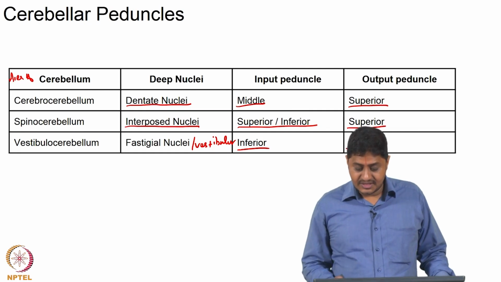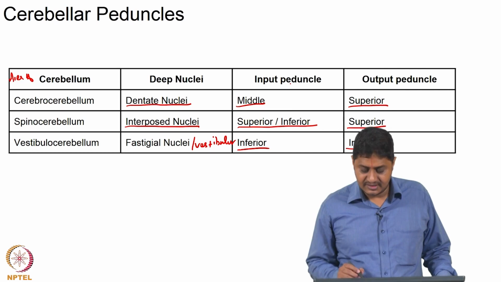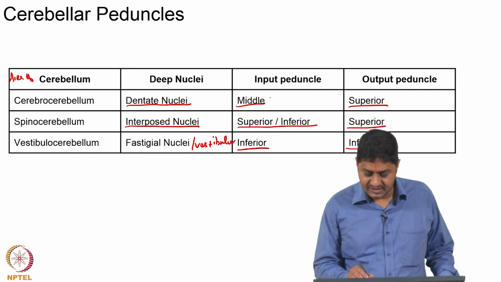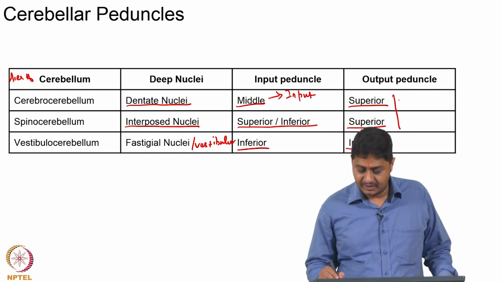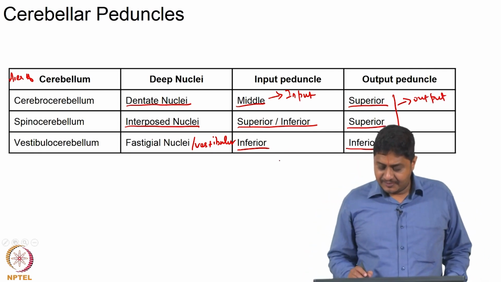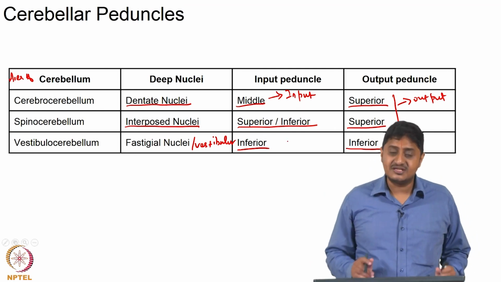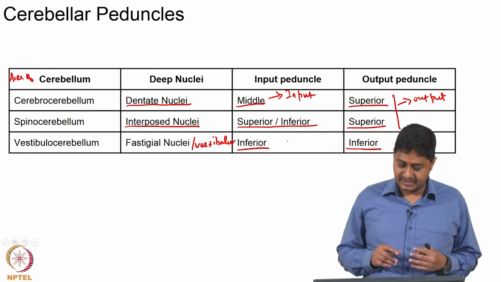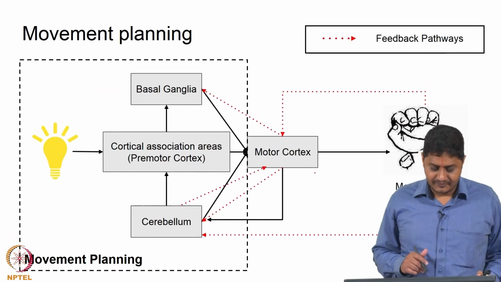So, one could see that in this case, by looking at the peduncles, you could say that the middle peduncle is mainly an input peduncle, the superior peduncle is mainly an output peduncle mostly. The inferior peduncle is a relatively complicated structure, it is the smallest, but it is relatively complicated, that has both input and output projections, okay.